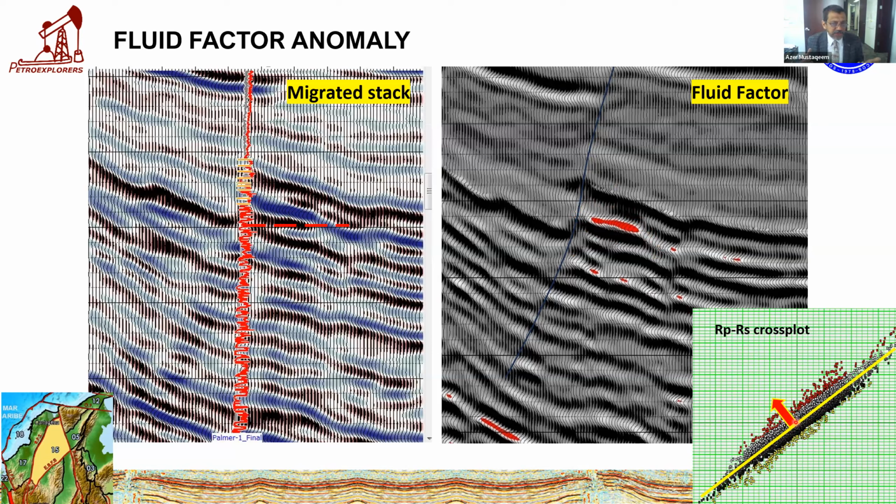You can do RP minus 2RS, or you can have various variations of RP-RS combination in order to get that, or AVO A plus B. You can add A to B with a different scaling ratio. So that is called scaled Poisson's ratio. So all those are various ways you can display it much better.